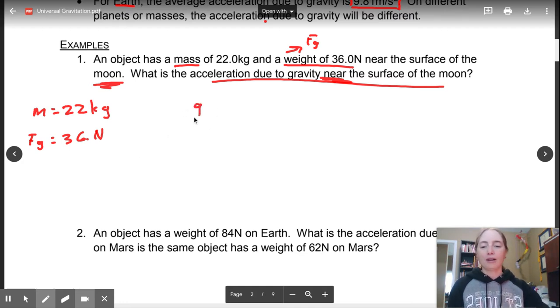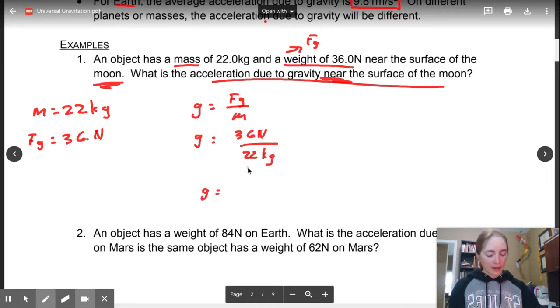Our equation right out of the data sheet is already rearranged for us, so why do anything different? I plug in my 36 newtons over my mass of 22 kilograms, and in your calculator that gives 1.63 repeating. Now I need units and sig digs.